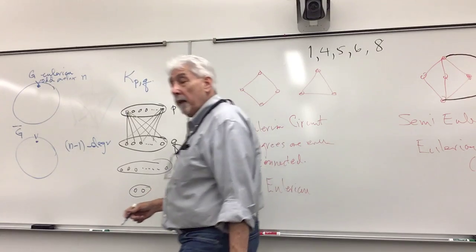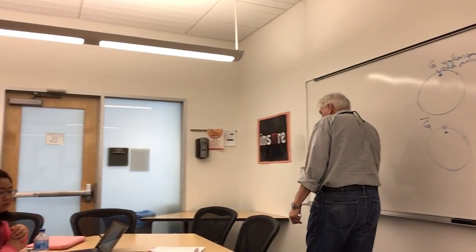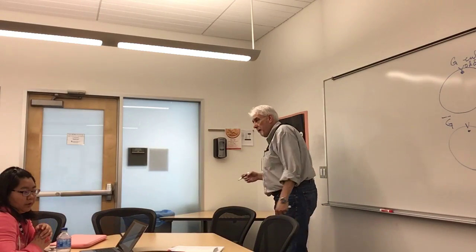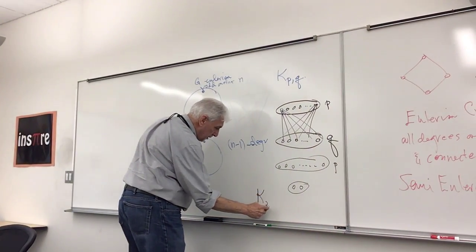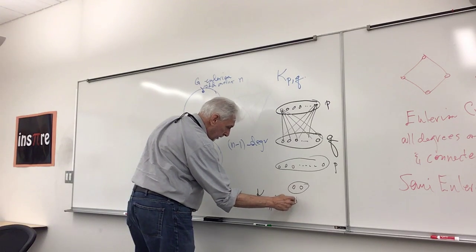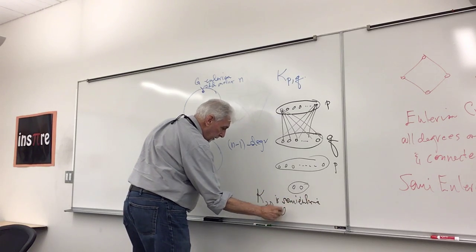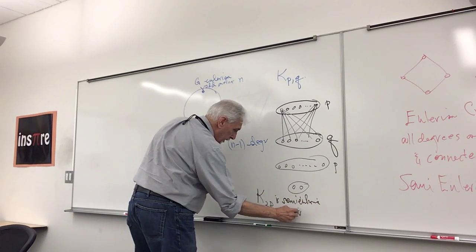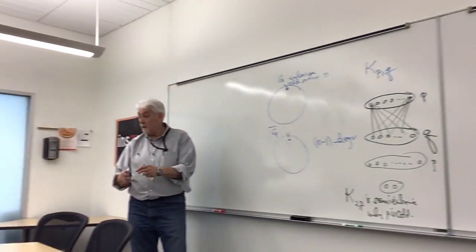So when does this graph have exactly 2 vertices of odd degree? When P is odd. So K_{2,P} is semi-Eulerian when P is odd. And that's if and only if.